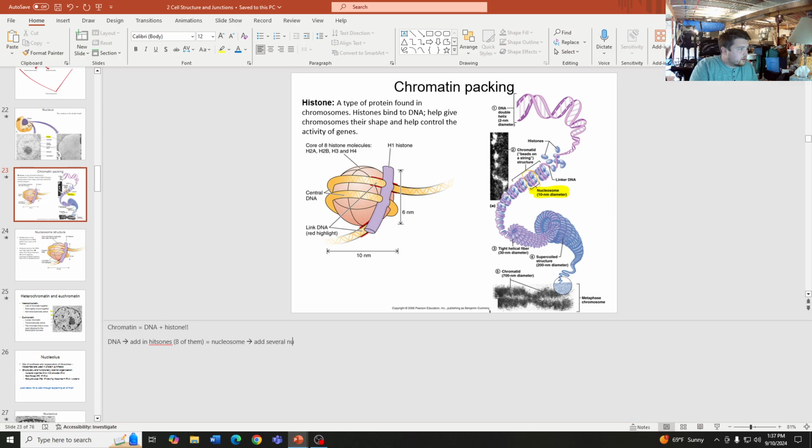Add several nucleosomes together, that gives us a chromatid. And then the chromatid, keep folding it all up, and that gives us the chromosome.